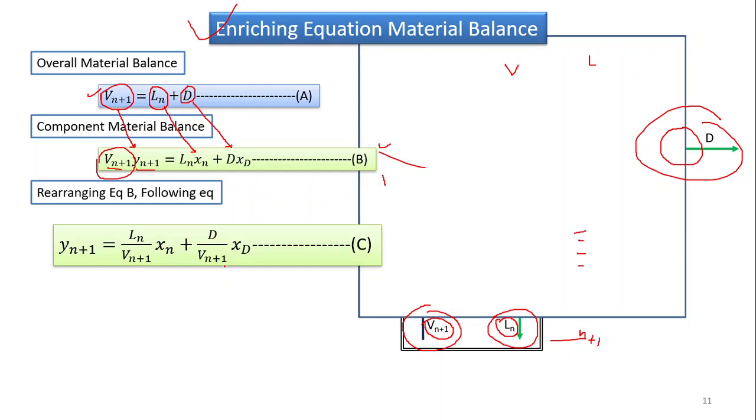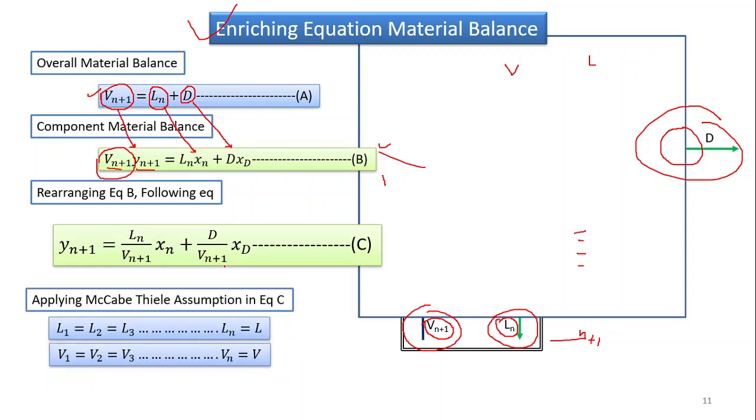Now Ln and Vn+1 basically denote the flow rate of the liquid and vapor at a particular tray. But if you apply the McCabe-Thiele assumptions, the liquid flow rate is the same at every tray in the enriching section, and the vapor flow rate is the same at every tray.